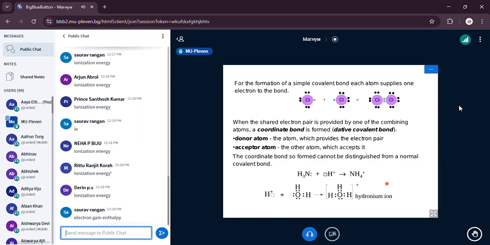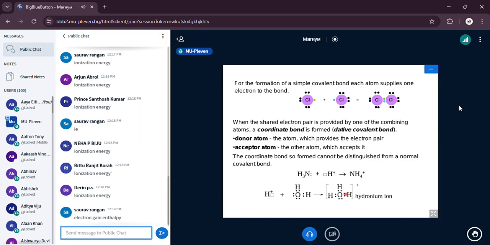After formation of these dative bonds, such dative bonds are indistinguishable from the other common covalent bonds.